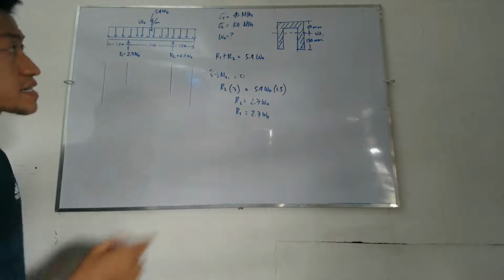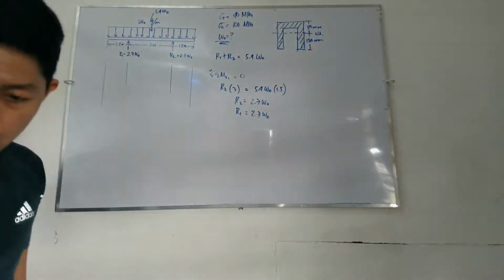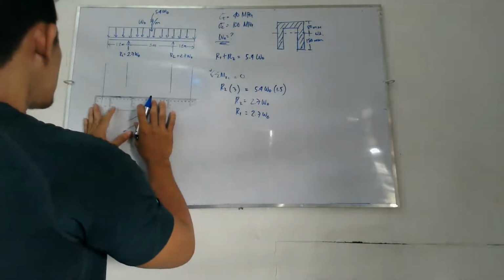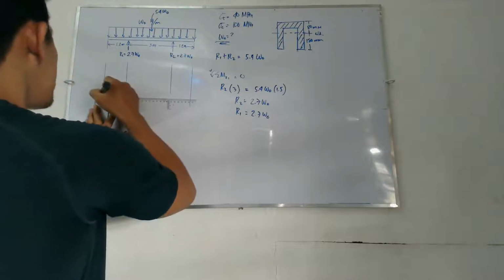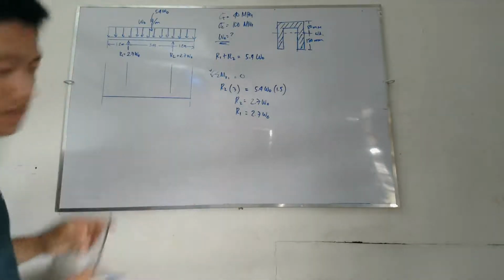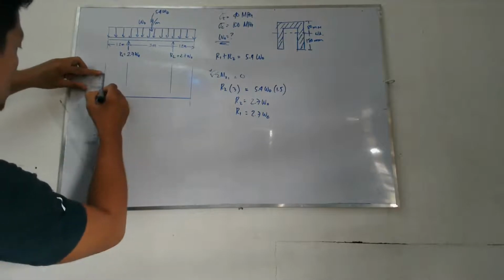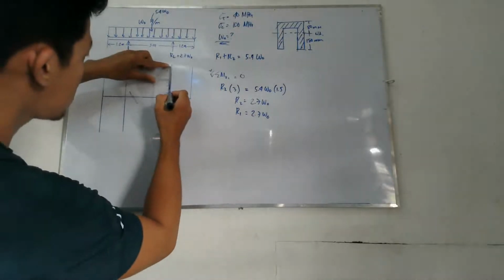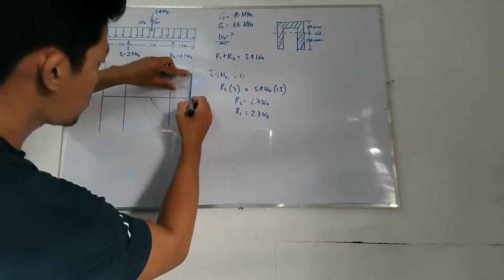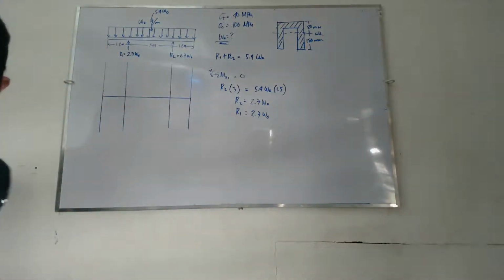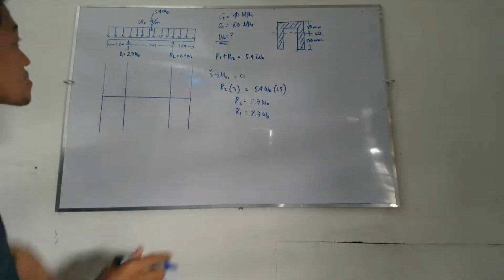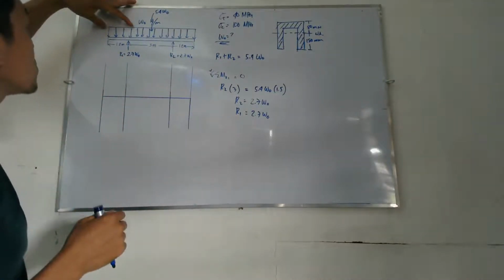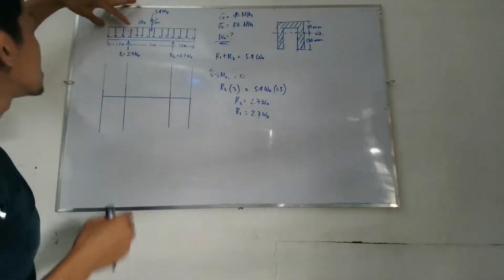We are asked to find kani. Drawing sa nato ang shear diagram. Shear diagram. Pa-downward, 1.2 times omega downward.